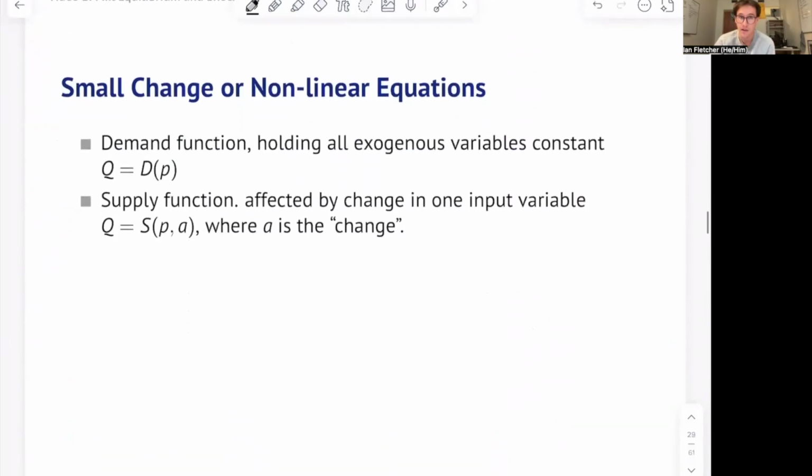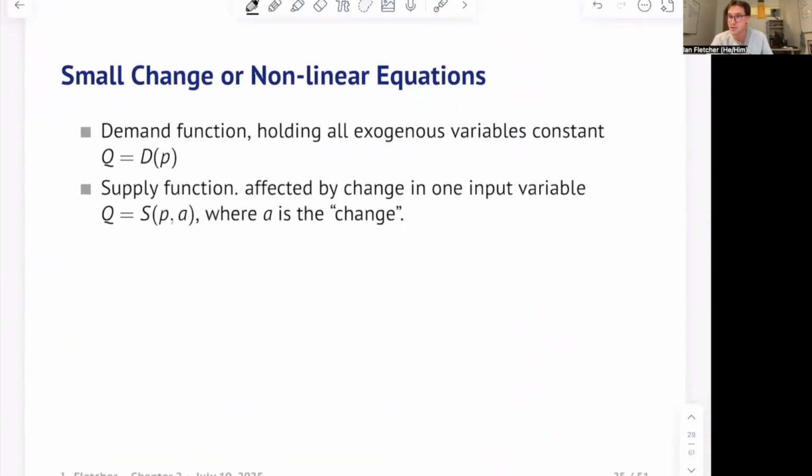So now let's think about small changes, or what happens if we have something that's non-linear, right? When we're thinking about stuff that happens non-linearly, we have to think about this in a little bit of a different manner. And this is where things start to get a little tricky and a little bit more confusing, one could say.